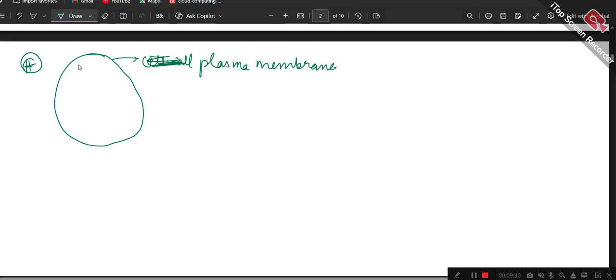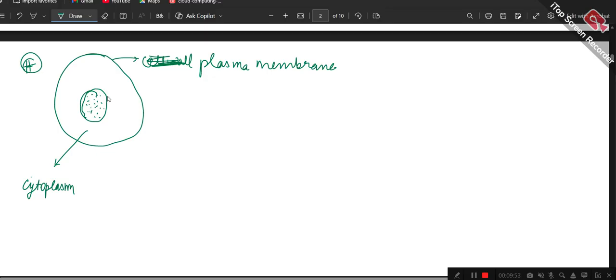Then when we move inside, all of this area, this arena where all the organelles are kept and all the activities are happening, is called cytoplasm. The central nucleus is going to be there, which consists of all the genetic material inside the cell, right?